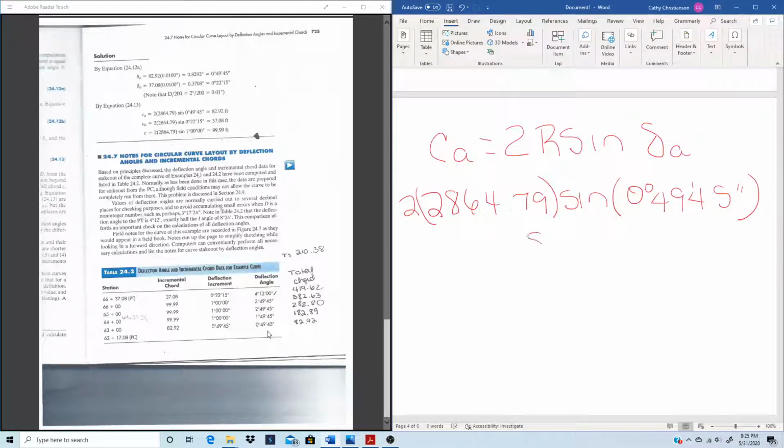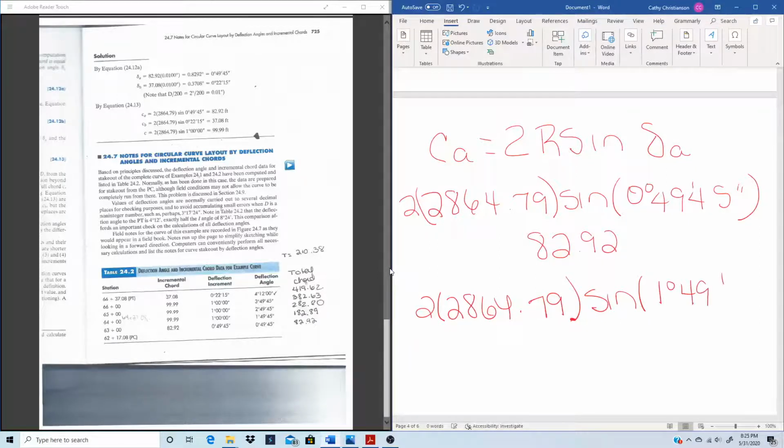And if you compute that, you should get 82.92. Now for the next one, I'm just going to go right below it. 2 times 2,864.79 times sine, and this time you're going to put 1 degree, 49 minutes and 45 seconds. And for that, you should get 182.89. And this information just goes straight in the column beside it.